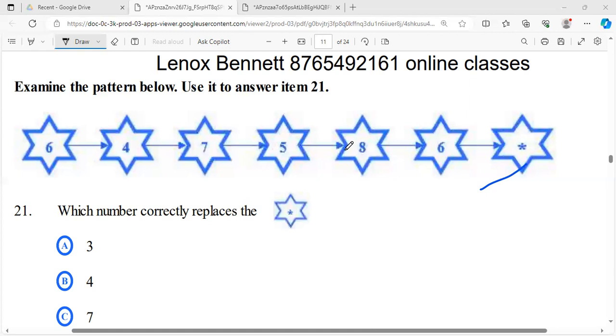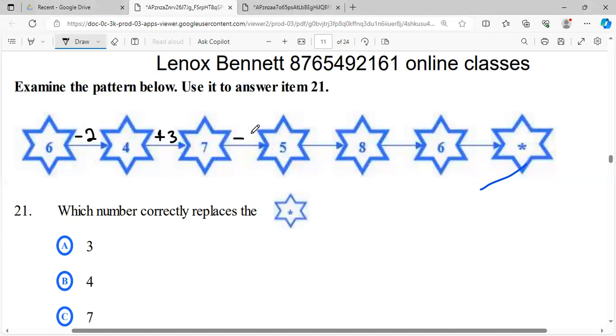Alright, so it says examine the pattern below, use it to answer item 21. Which number correctly replaces the star? So first let us identify the pattern. So we have 6, minus 2, then add 3. Let's test the waters.